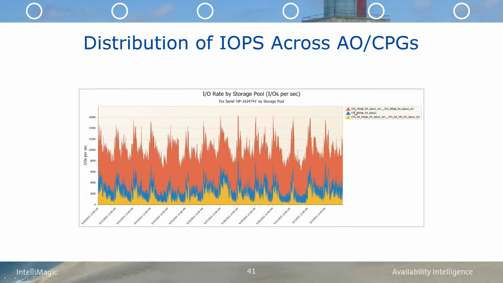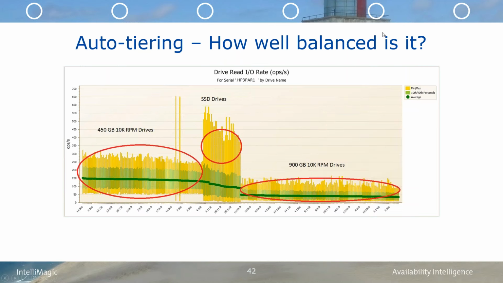So in this chart, I see my policies and then any other non-policy activity. The first one is my 450s and 900s. That's the red area, my ESX policy. I've got the 900 by itself, which is volumes that are not in a policy. And then I've got 450s and SSDs in the yellow, which represents the amount of data for the DB policy. Now, so what? Let's take a look at how auto-tiering is functioning.